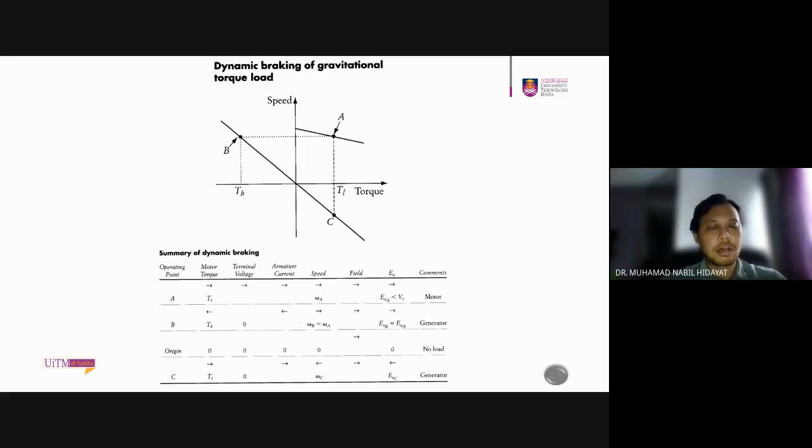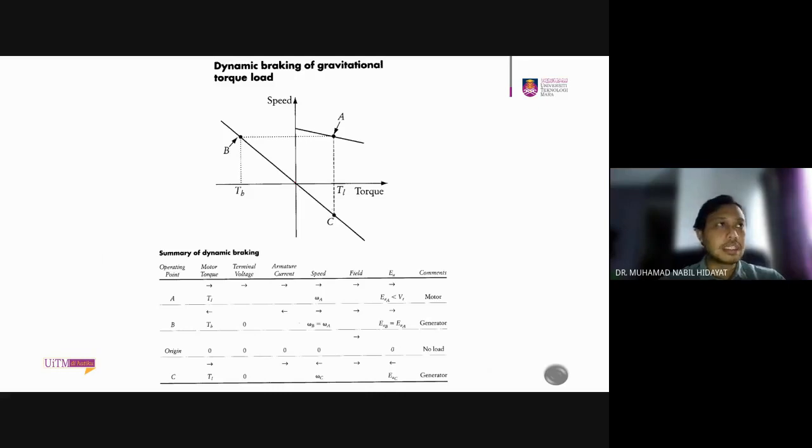So there will be a negative generating. You still have your current flowing from your armature to the resistor, but in negative. This case is because of the speed.